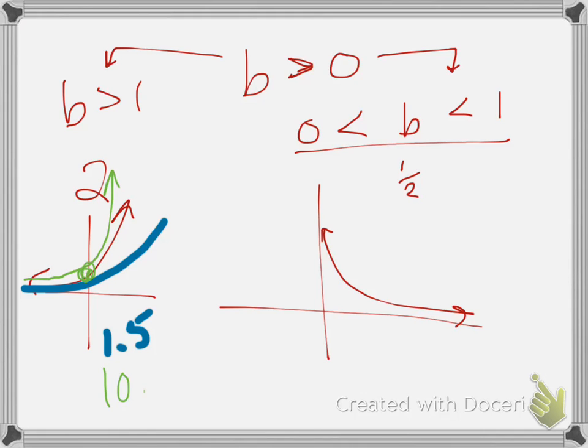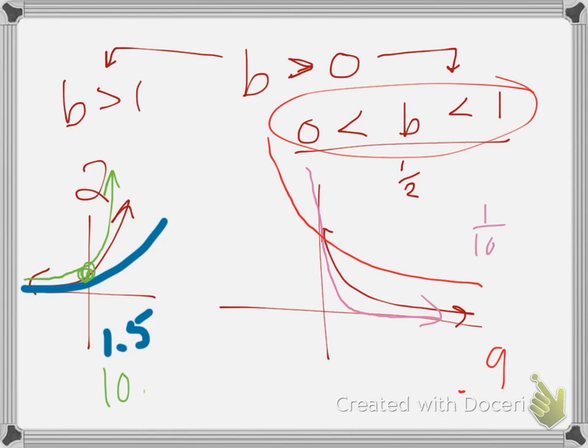And then over here, if I had 1/10, it's going to be much closer to the x-axis sooner. And then if I had something like 0.9, it would be more gradual. So the key is if it's between 0 and 1, if it's a fraction or a decimal less than 1, then it's going to be starting high and ending low.